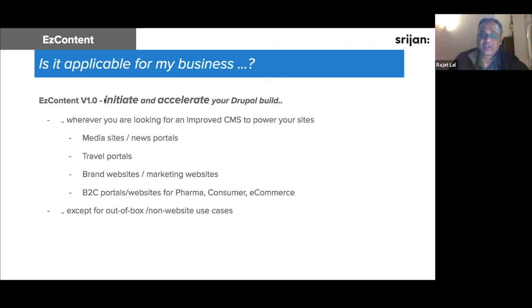So do consumer industries like Nestle, for that matter, or pharma industries like Bayer or like Novartis, and for e-commerce as well. And for most website use cases, except for those which are not purely website related. So that's how it applies to most businesses in these sectors.